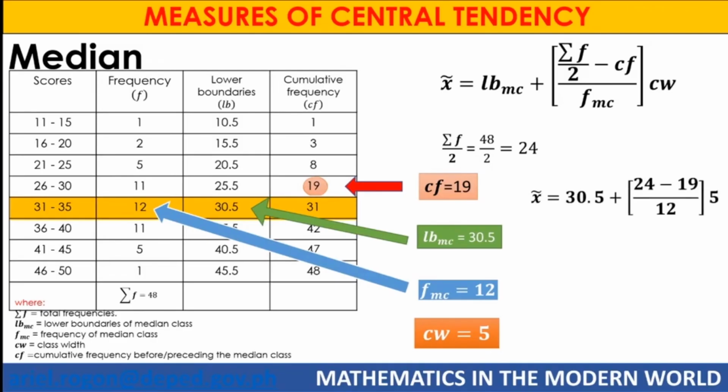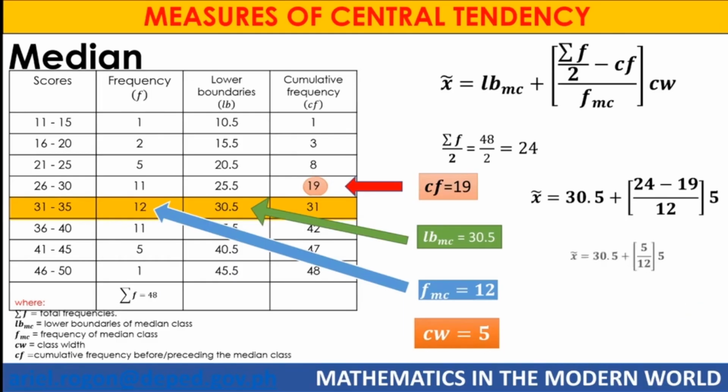We have 30.5, our lower boundary, plus the summation of f over 2, which is 24, minus our CF, or the cumulative frequency before the median class, which is 19, all over our f sub MC, or the frequency of the median class, which is 12, times 5.